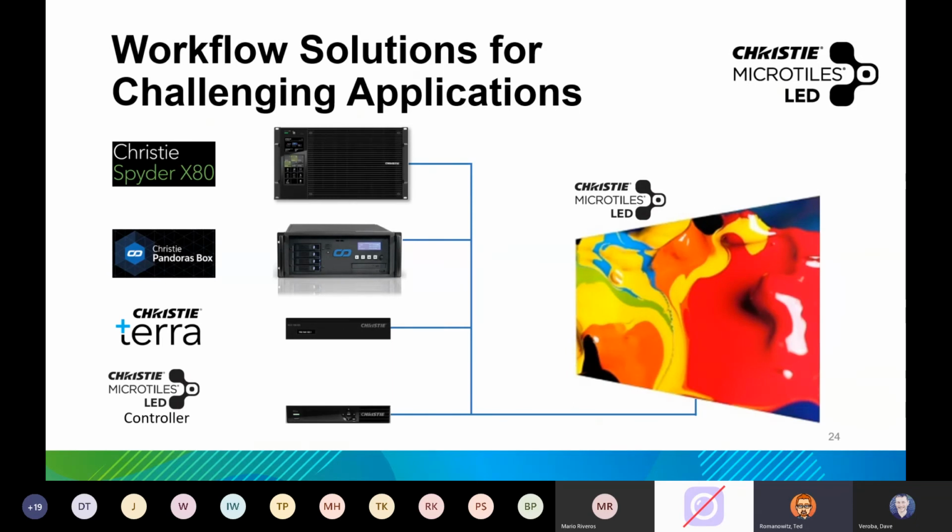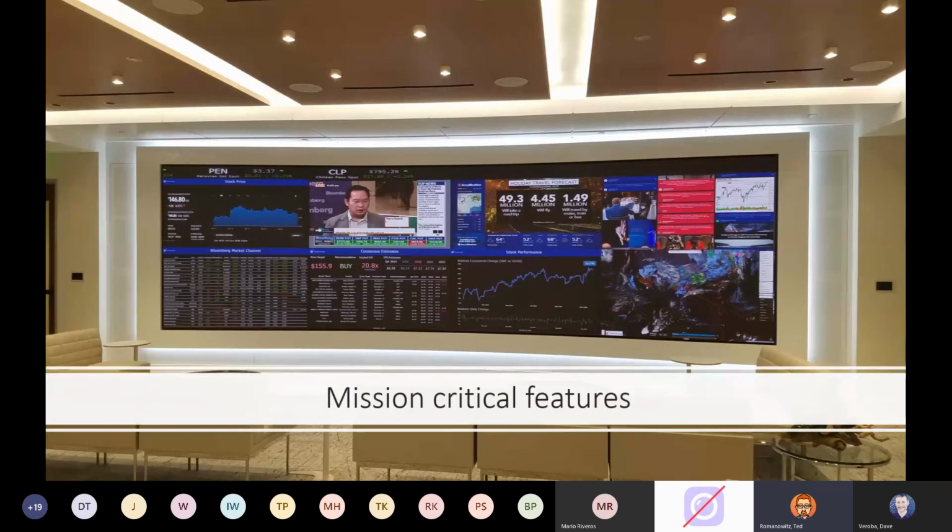Next slide, please. Now I want to talk about mission critical capabilities, because in the last year, as we've been doing installations, we've had quite a bit of success in mission critical government, military applications, where 24/7 availability and long lifetime are critical aspects of the design.